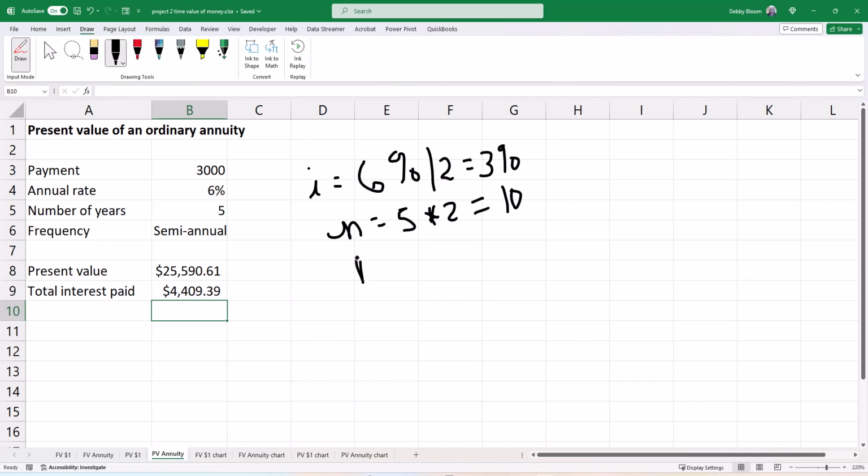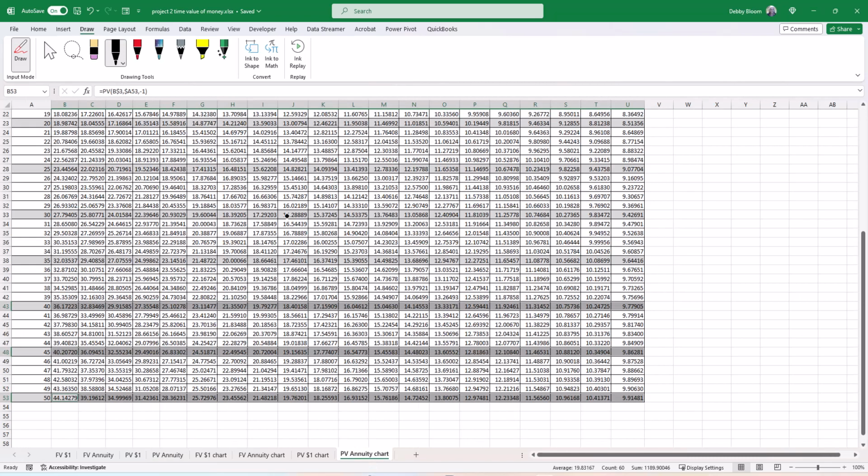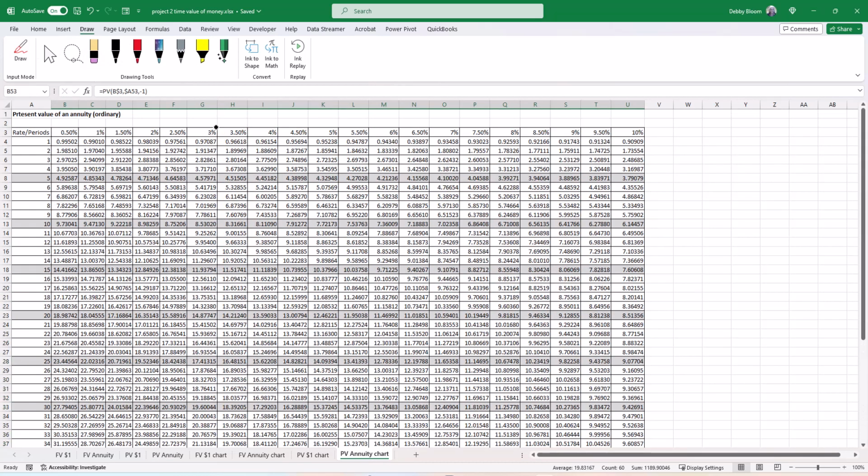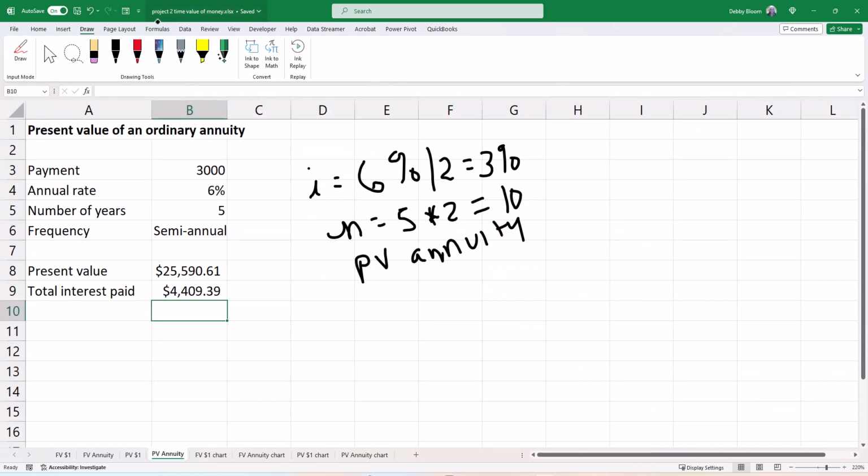And I'm going to look at the PV annuity chart. So I'm going to go to my PV of an annuity chart. I'm going to go to my 3% column. And I'm going to go to the 10-period row.